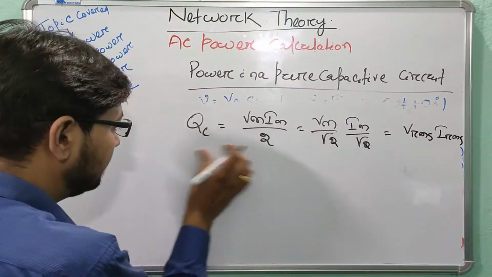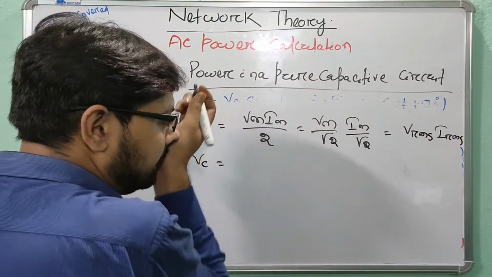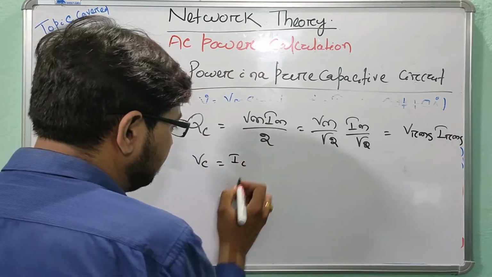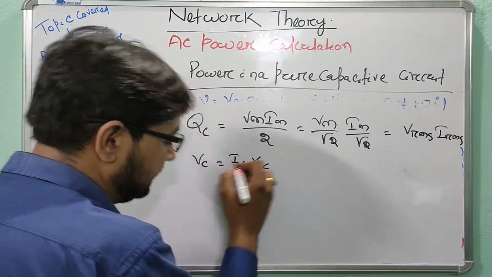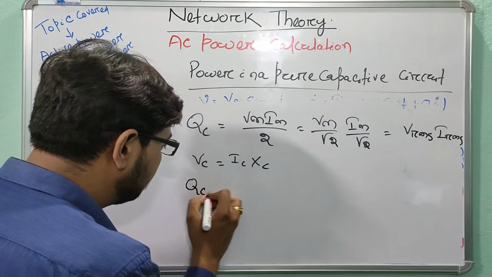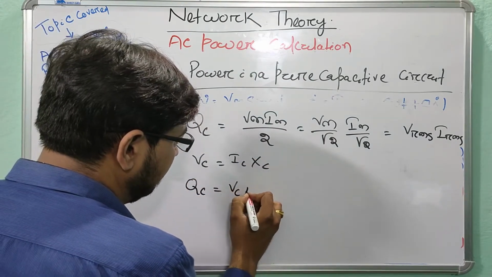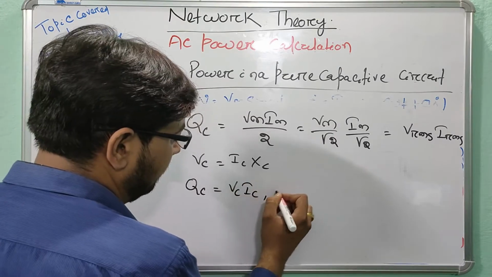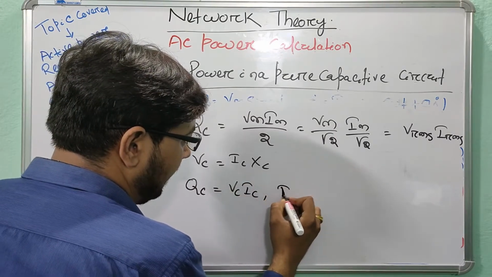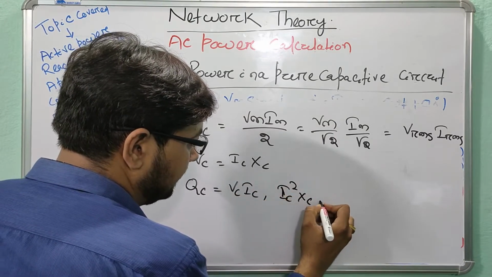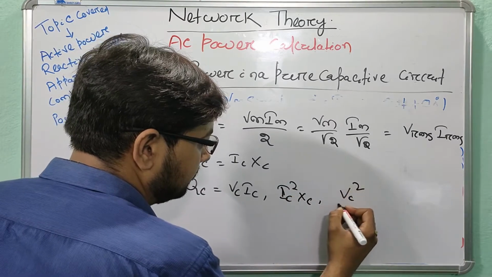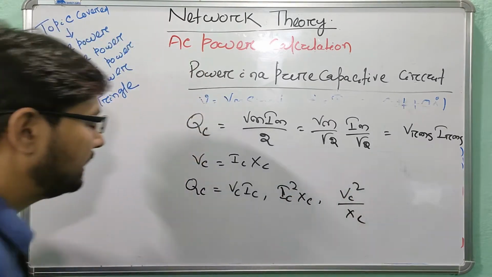Now what is my Vc value? That is equal to Ic into Xc. Now what is my Qc value? That is your reactive power. Qc is equal to Vc into Ic or Ic square Xc or Vc square by Xc. This is my reactive power.